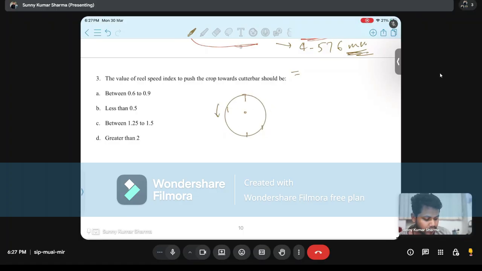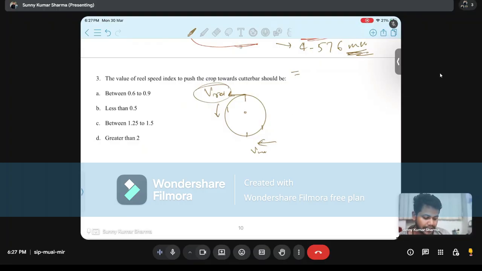There is the forward velocity of the reel, and the velocity of the whole machine will be something else. So the ratio of this reel velocity by velocity of machine is called reel speed index.